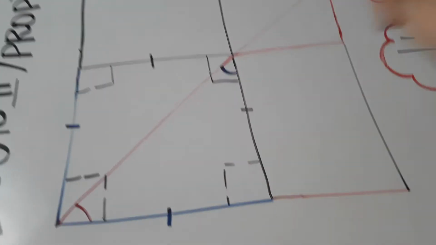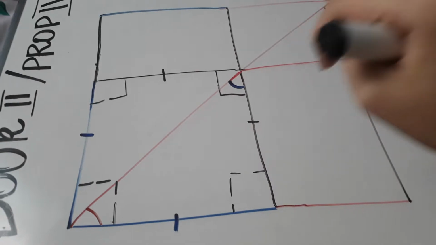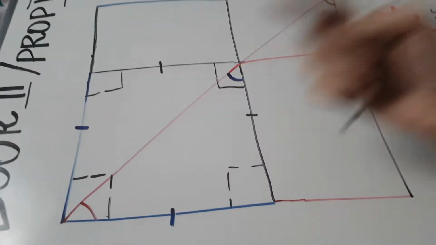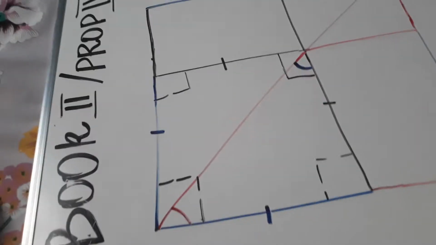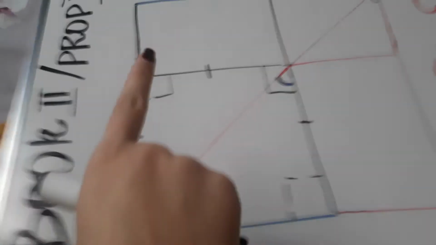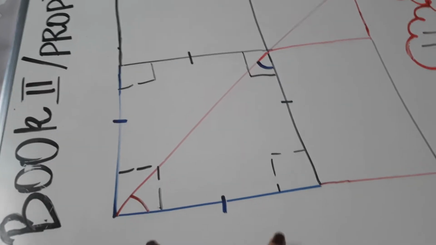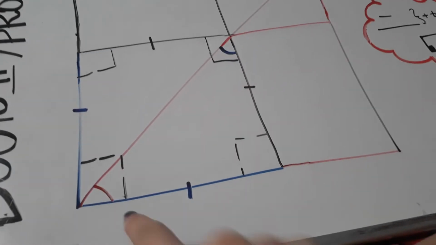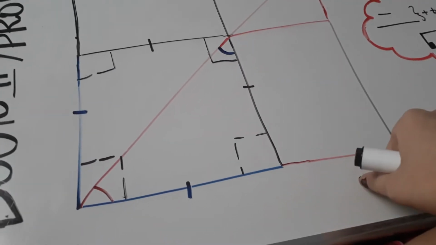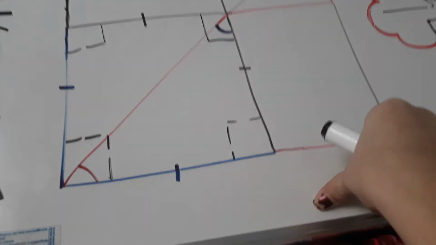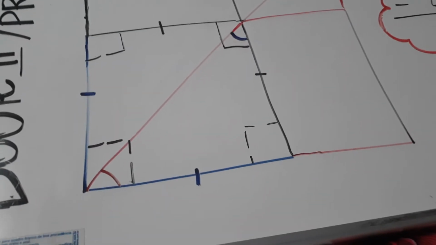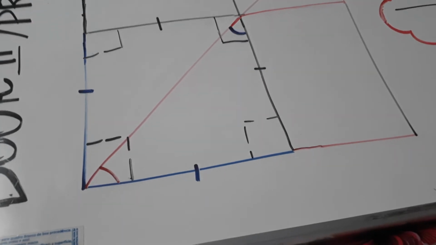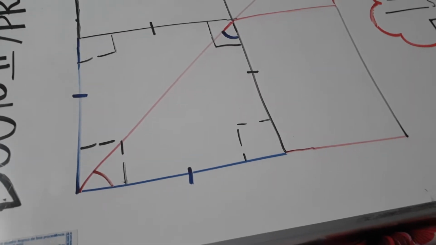As I have the four sides being equal and the four angles being right angles, this is a square. But look at it. This square is on the base, that is the first part of our random straight line. So, as this is the first part, this is the first square we wanted to find. Okay?